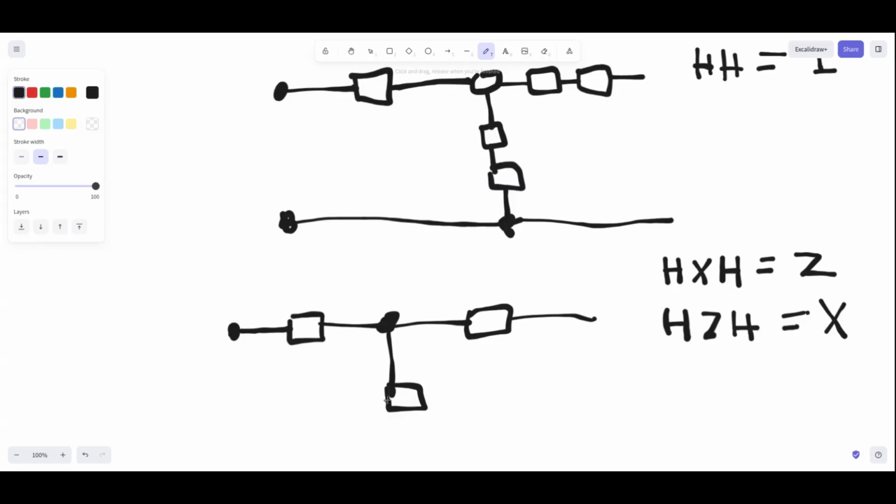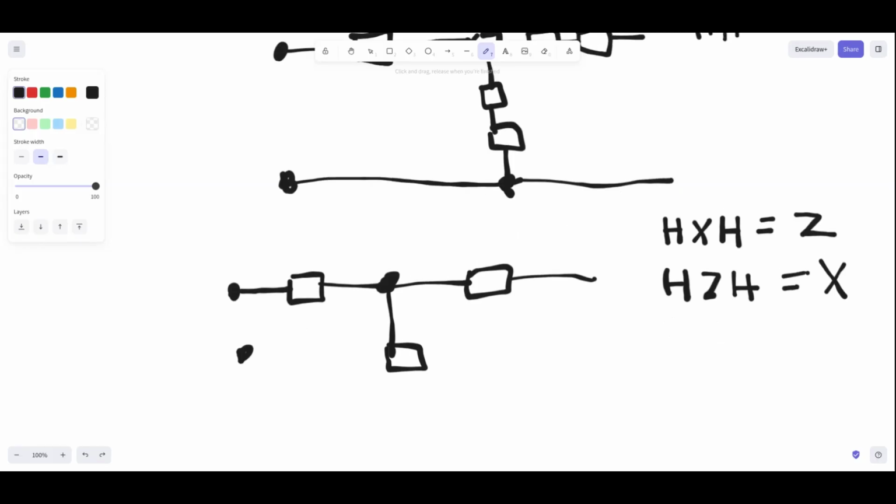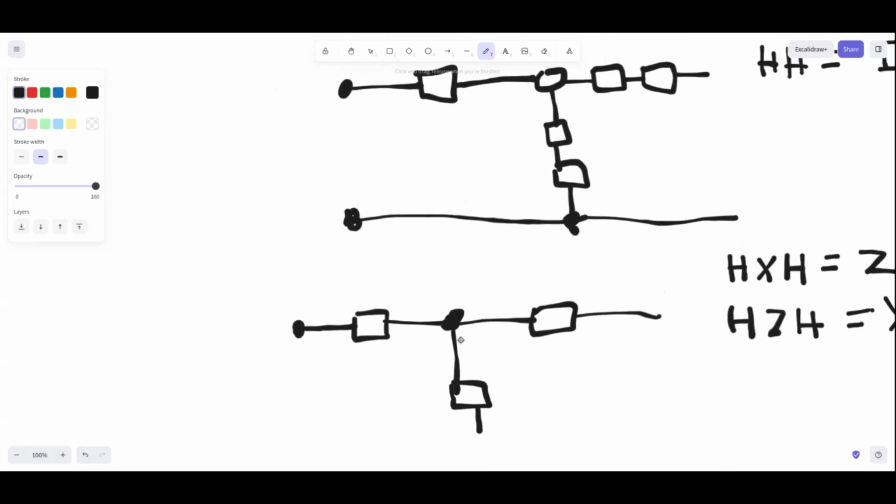Okay, and here, how can I proceed? Yeah, let's put it there. Well, I just did some mistake because this Hadamard is not here again.